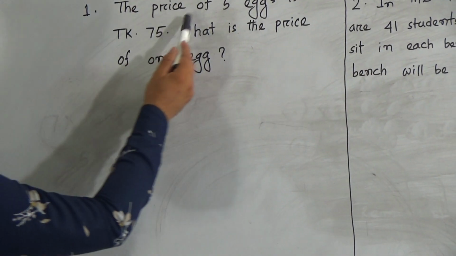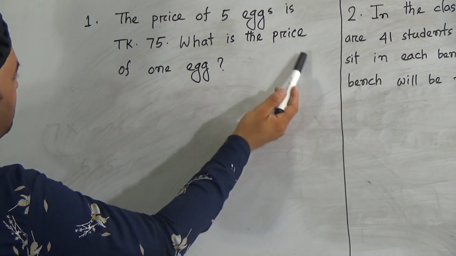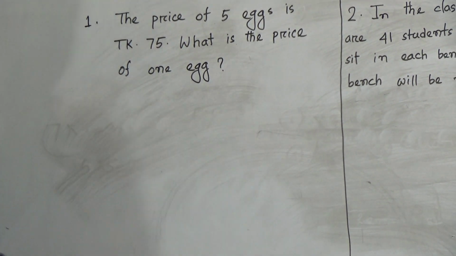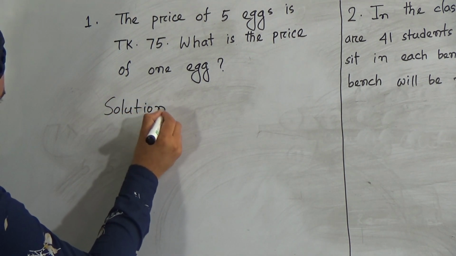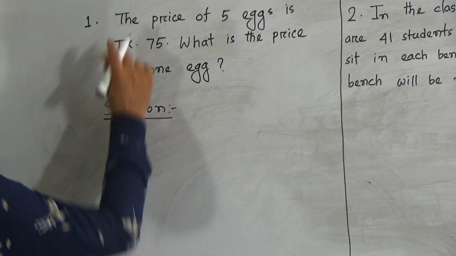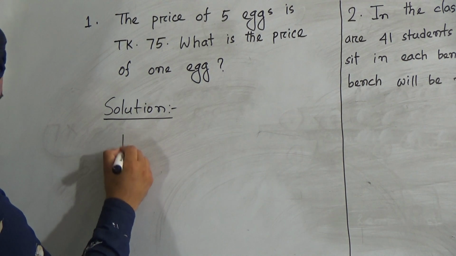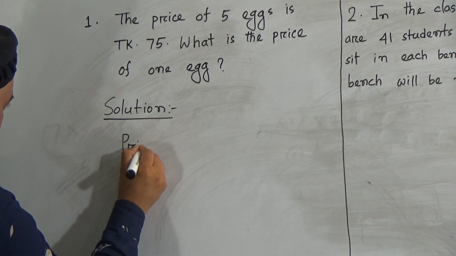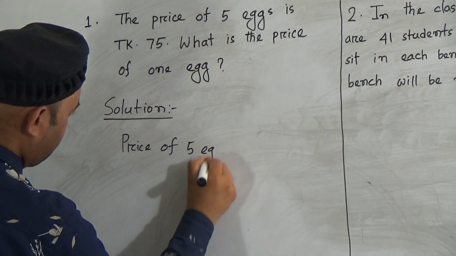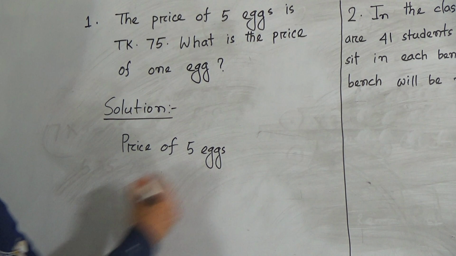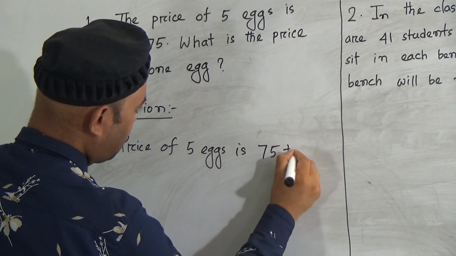The price of 5 eggs is taka 75. What is the price of 1 egg? Given that the price of 5 eggs is 75 taka.